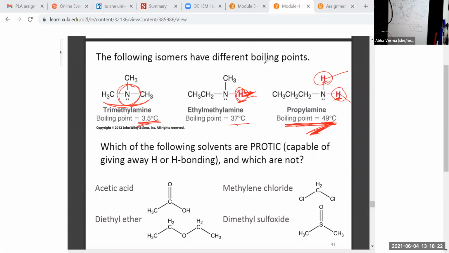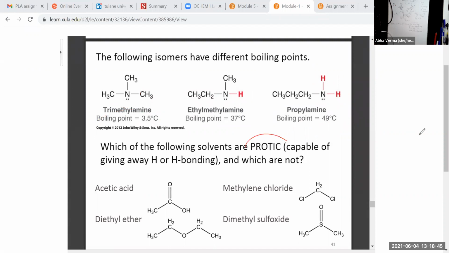And so the boiling point, there will be practically no energy needed to boil this out. Okay, so if you compare all of these three, the higher the amount of hydrogen bonding, the higher the amount of energy needed to separate out the same molecule. And hence your boiling points will be very high.